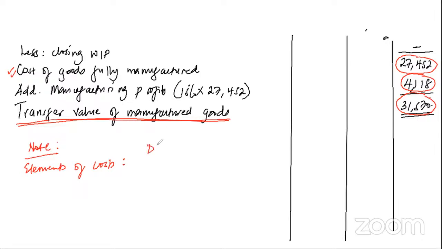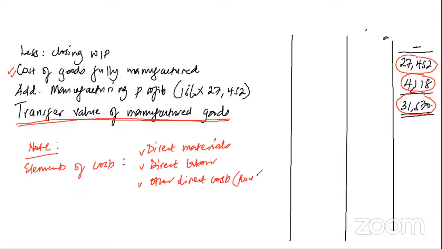Under this we have to capture information about the direct materials, the direct labor, and the other direct costs, things like royalties. Then when we add all this, we come up with what we call the prime cost.